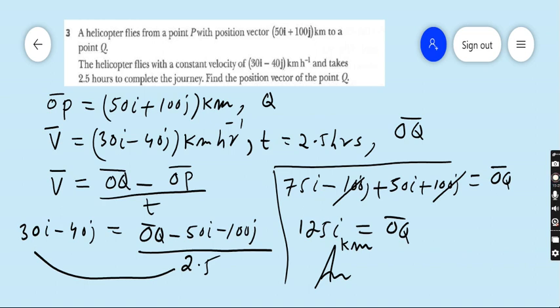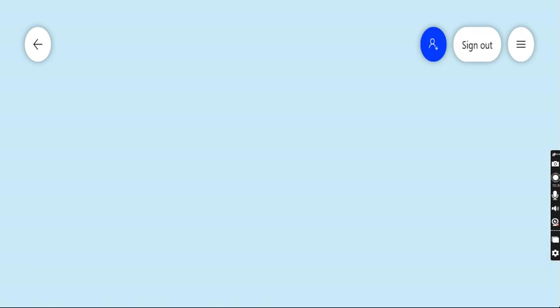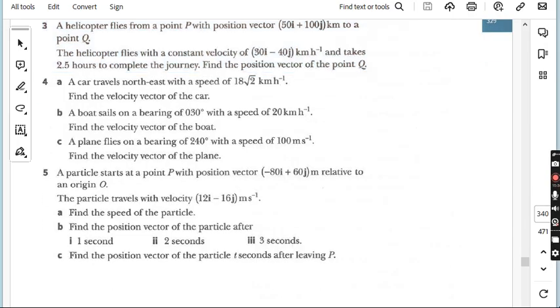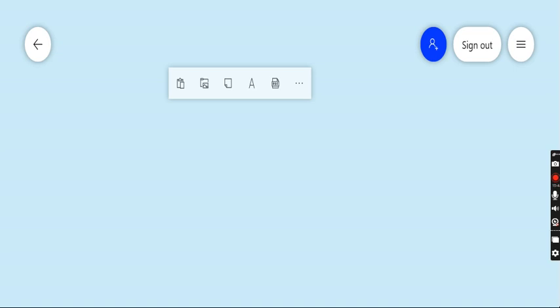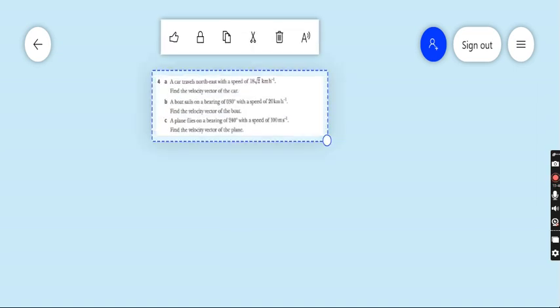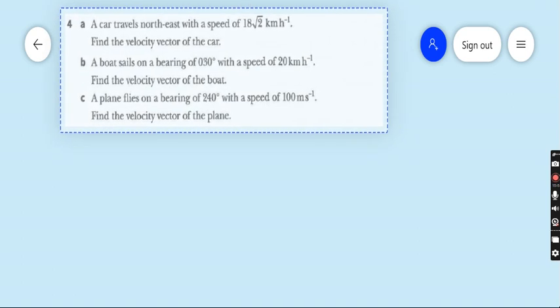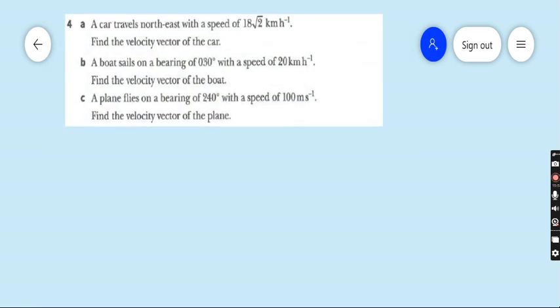Let's see what is required in question number 4. Part A. A car travels northeast with a speed of 18 root 2 km per hour. Find the velocity vector of the car.